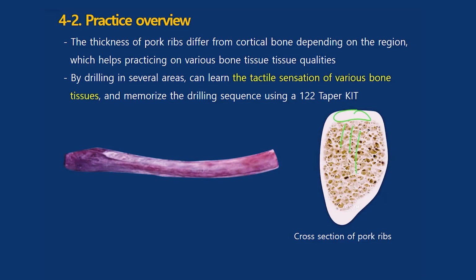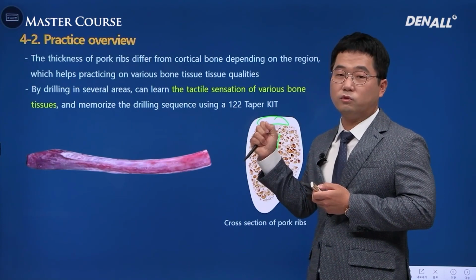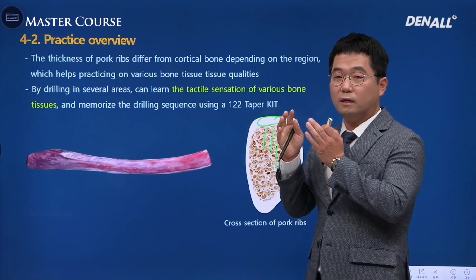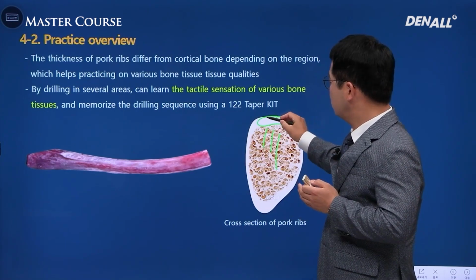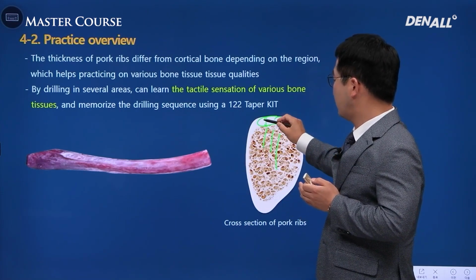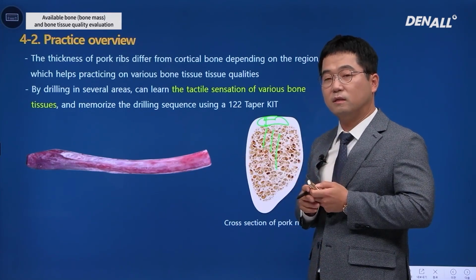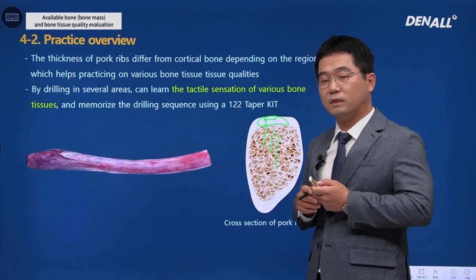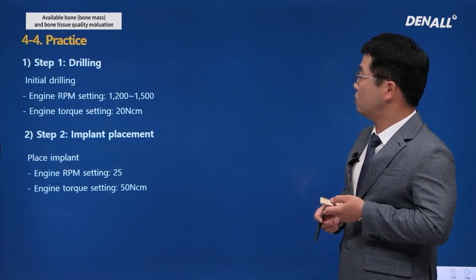With experience, you'll be able to learn whether you need to do under drilling or over drilling. About 20 to 40 Newton centimeters of primary stability should be achieved, and this is deemed appropriate. You need to continue on practicing on thick and thin cortical bone. You need to do continuous hands-on practice to really get the idea.